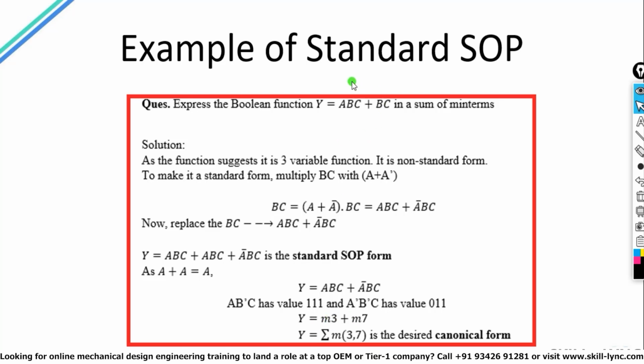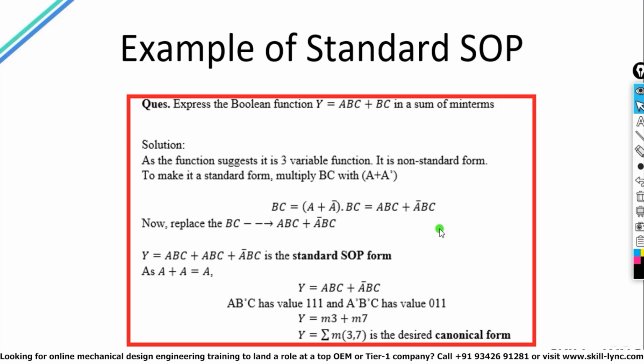So this is the case when any function is given and you have to write that function in standard form as well as in canonical form. First of all, check how many variables the function has. ABC is there, so it is a 3 variable function. But in the second term, because A is missing, we multiplied with A plus A bar, then put the Boolean laws, and finally we get the standardized form as well as the canonical.